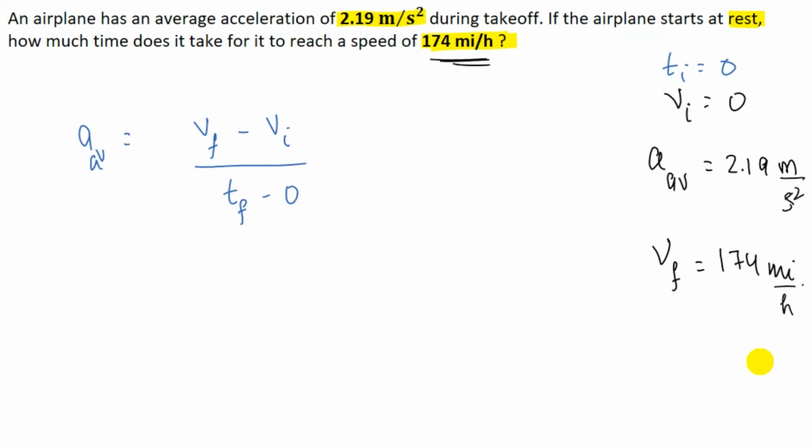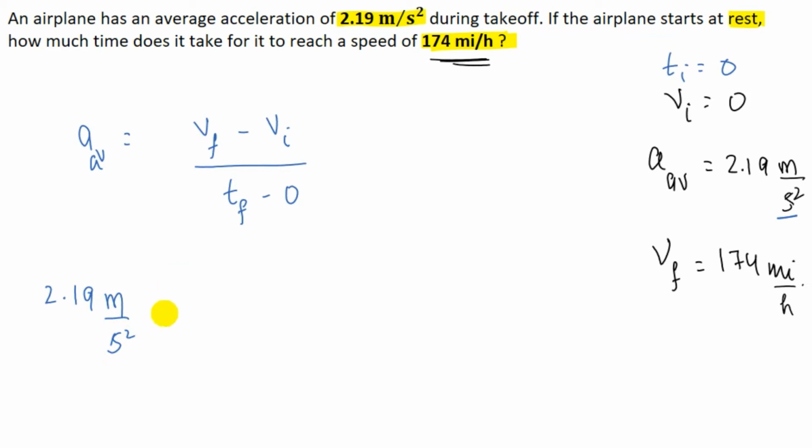Before putting the value, we see that unit conversion should be done, because this is given in SI units, meter per second squared. So this Vf should also be converted into SI units. Let me first put the values. Average acceleration is 2.19 meter per second squared.